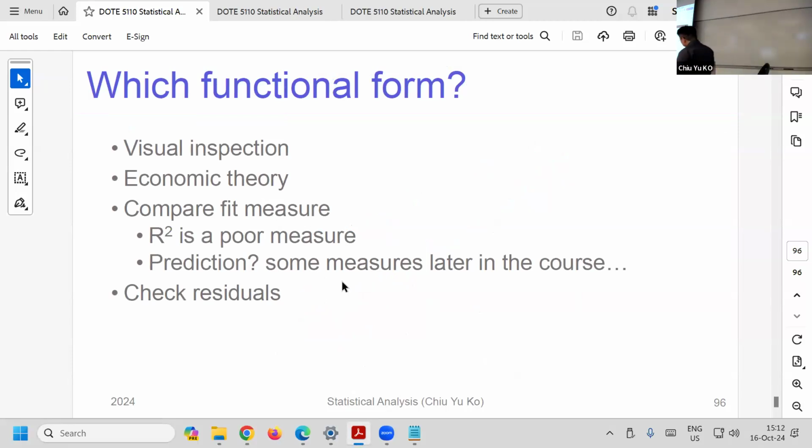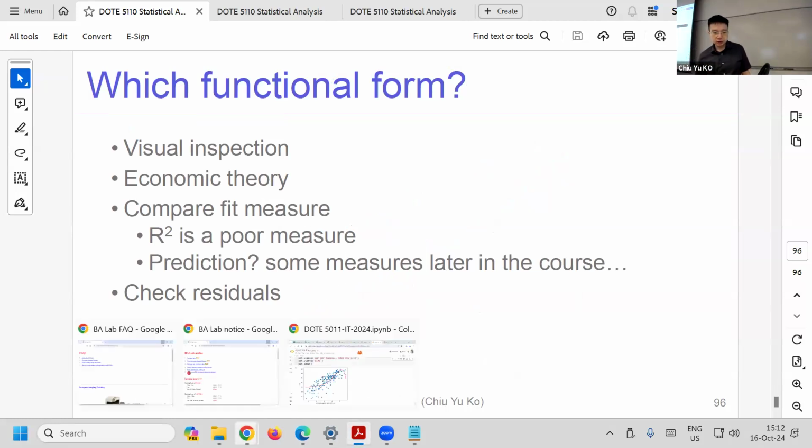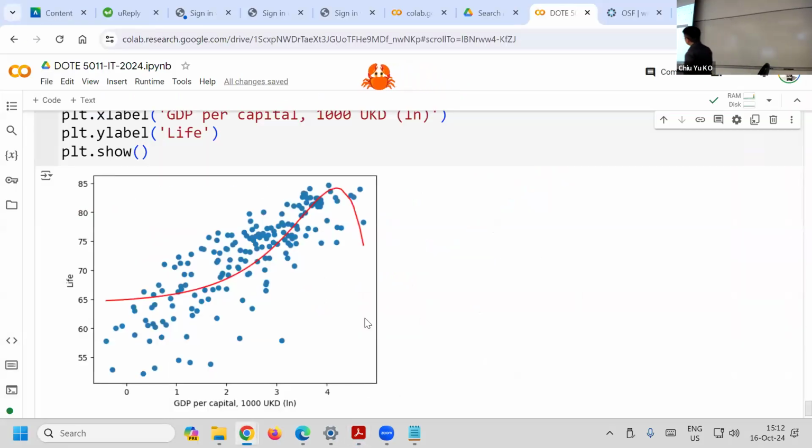Now, at the end of the day, we conclude this chapter on which functional form we're going to use. If you look at this, I think you would agree that fitting a simple linear one is not the best. Whether you want the square is your choice, whichever fits better.